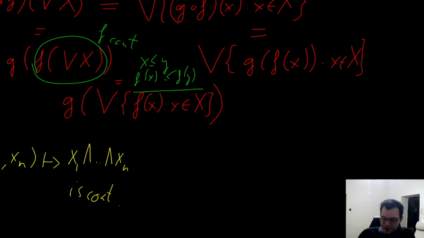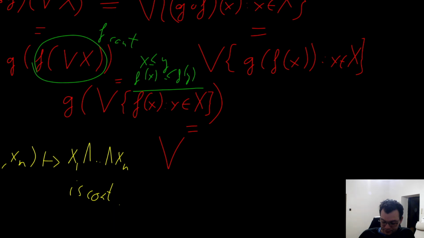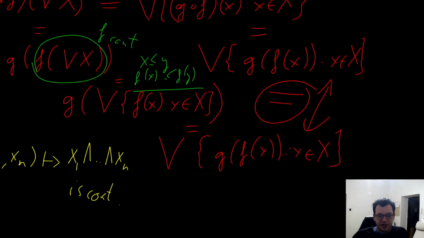So this is a chain, which means that I can swap these two operators, and this is just the supremum of g applied to the members. And this is the same again. So composition preserves continuity.